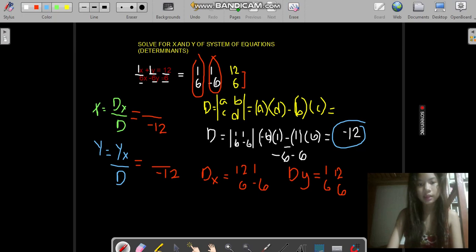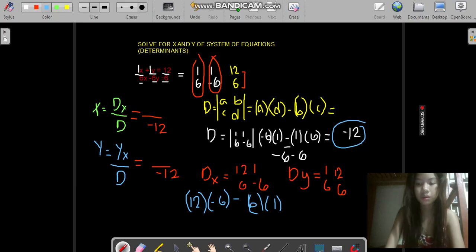A times D, where A is 12 and D is negative 6, is 12 times negative 6 equals negative 72.